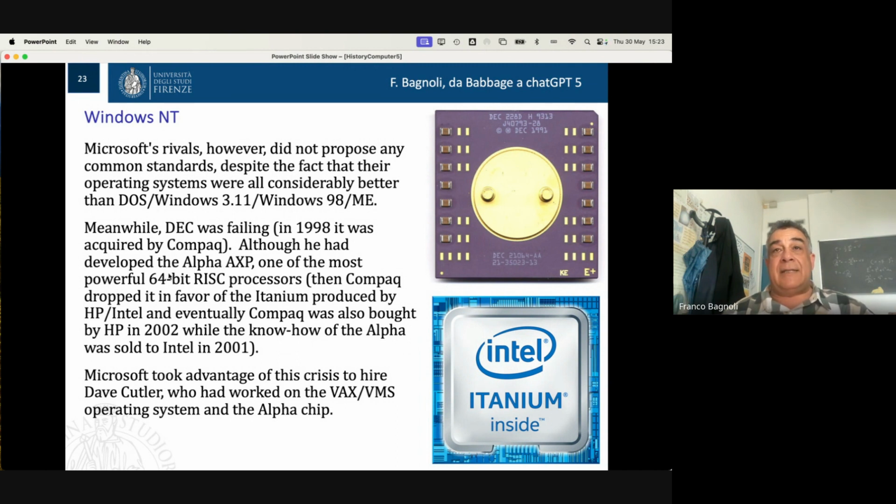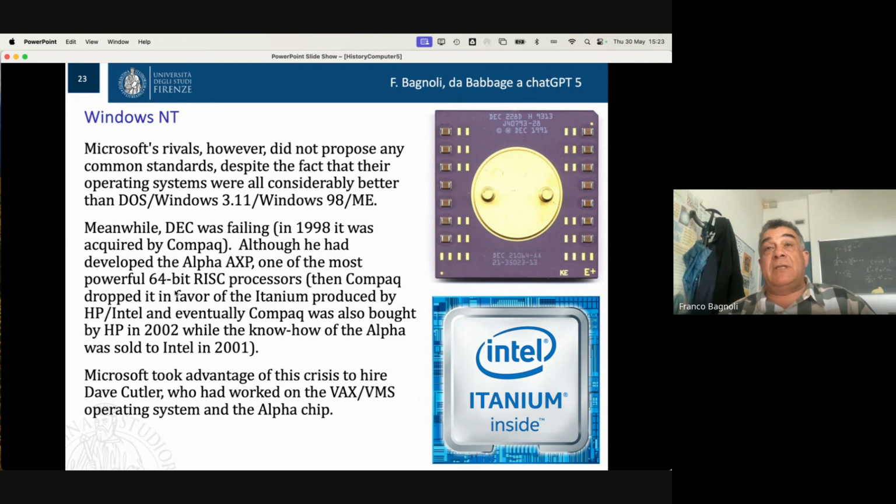Also considering that it had just released the Alpha processor, which was an extremely powerful 64-bit processor. I remember we had just bought a certain number of workstations with this Alpha chip, which were extremely fast, but it was not sufficient. Compaq then abandoned the Alpha in favor of Itanium, and then Compaq also failed.